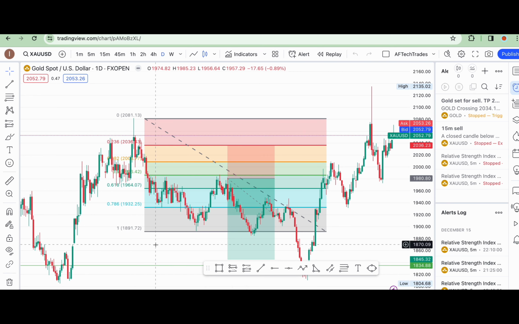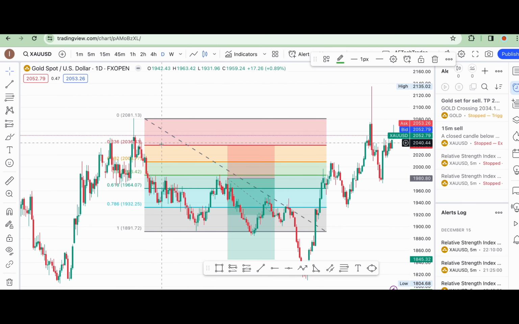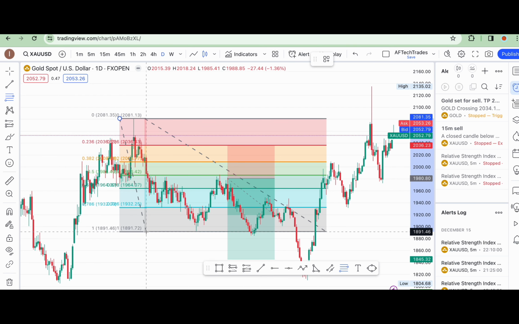What I'll now do is place another one immediately under this, which is the same length. This is the Fibonacci, and from here to here is the same length. I just want to pick the natural next level.